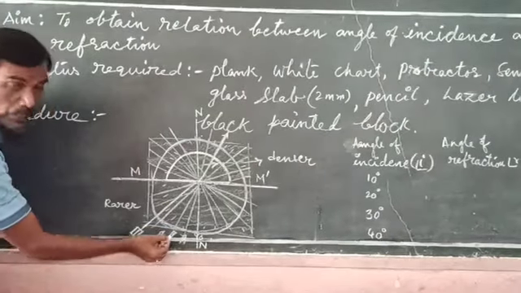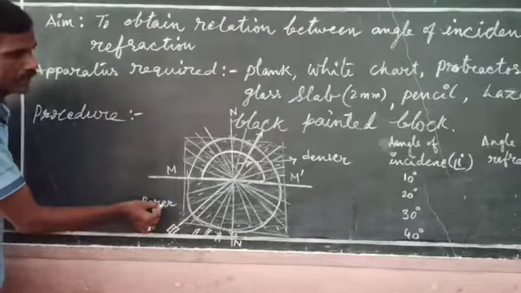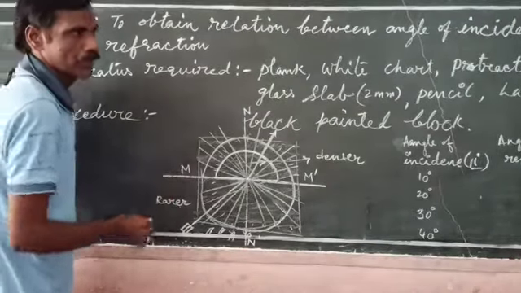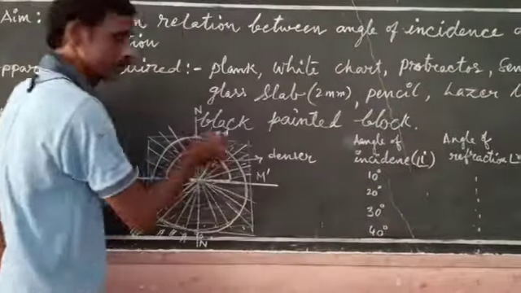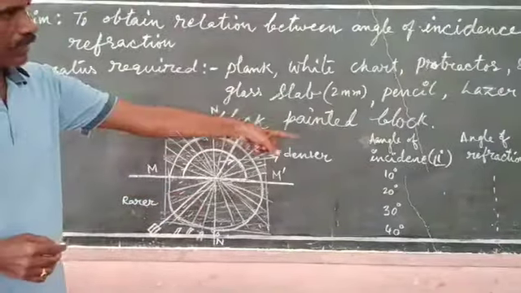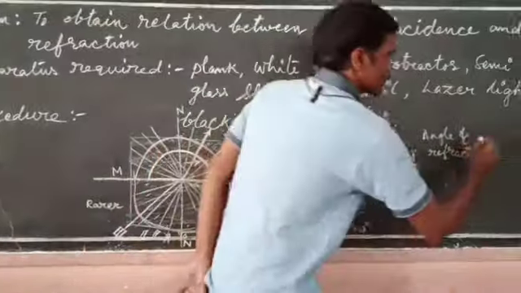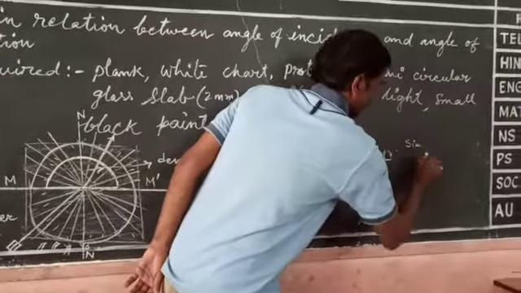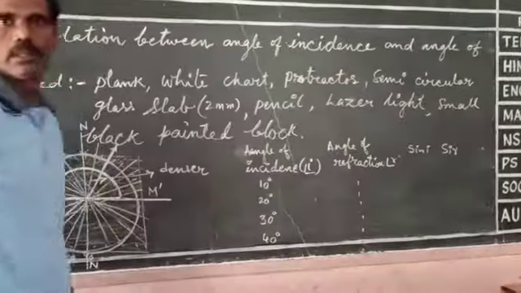Similarly, by placing at 20 degrees, 30 degrees, 40 degrees, 50 degrees, 60 degrees and so on, you will get the different refracted angles. Now, after getting the angle of refraction R, find sin I and sin R.